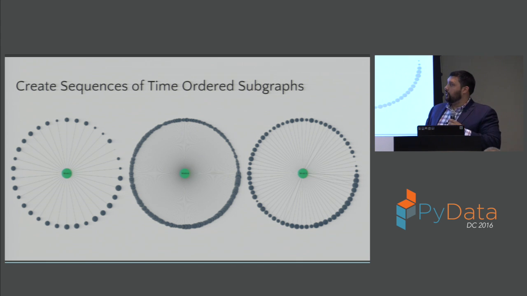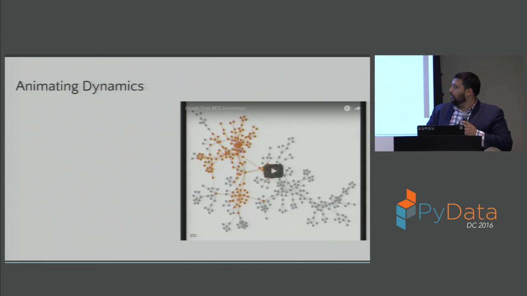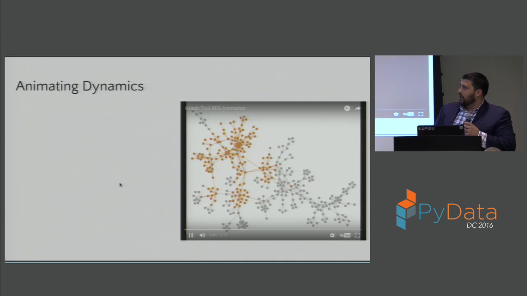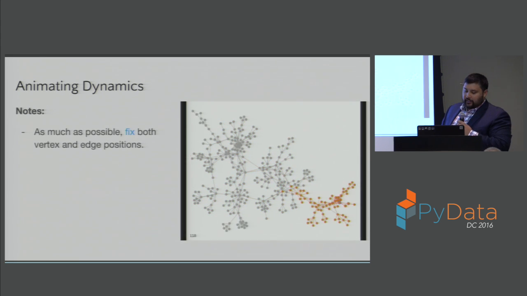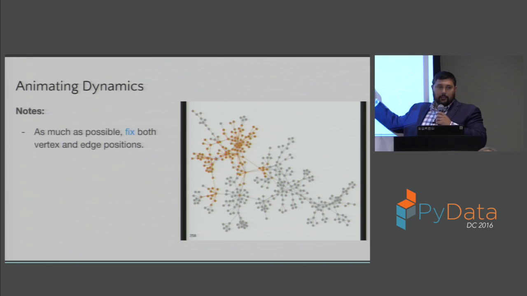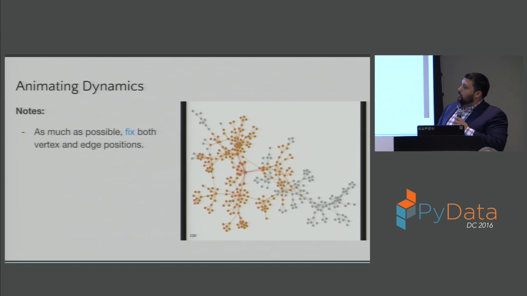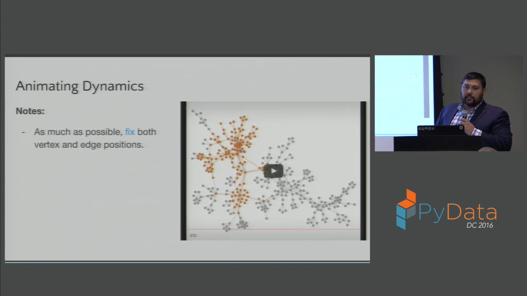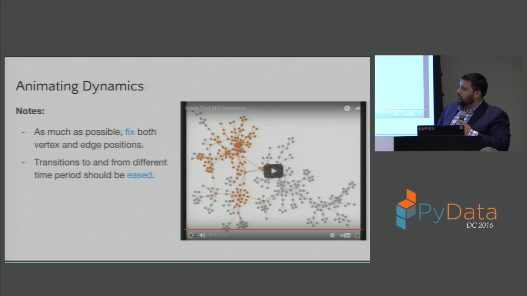How is the news changing? In particular, one of the best ways to look at this is using that visual analytics model that I mentioned, and animate what you're seeing. Without getting into too much detail, if you're going to start looking at animation, and this is another Graph Tool thing, Graph Tool does do animation, you want to, as much as possible, fix the positions of the vertices and the edges.